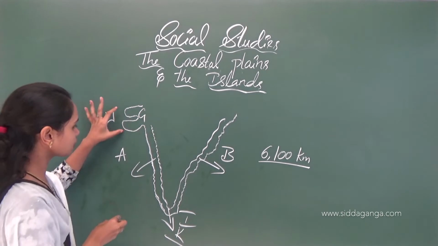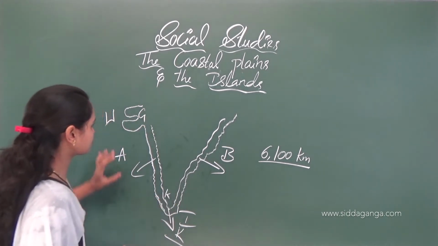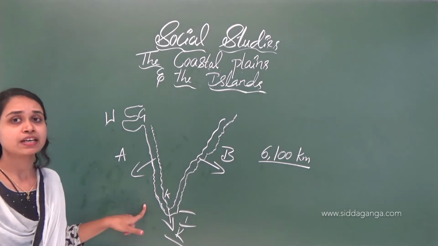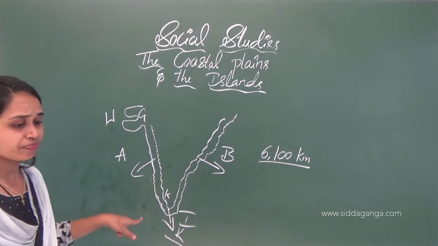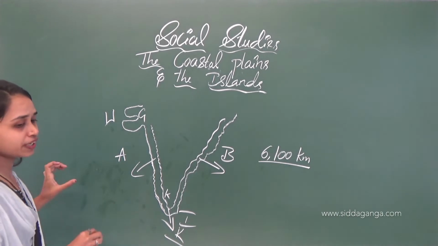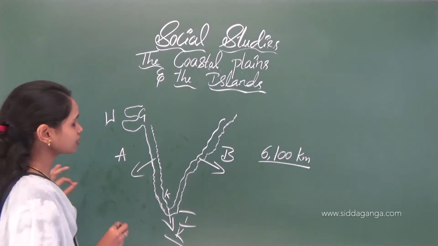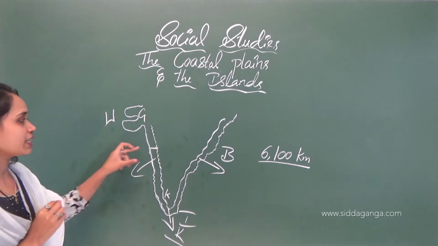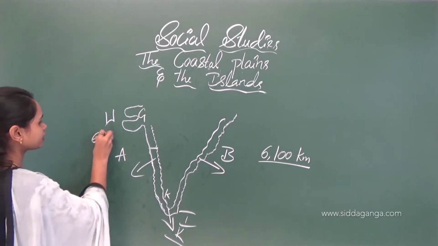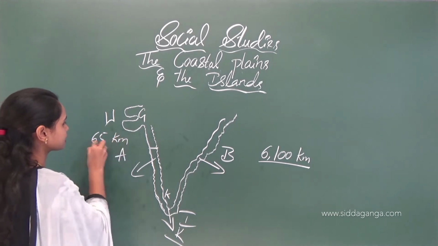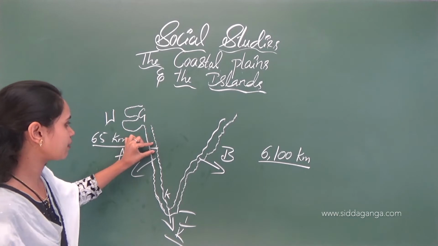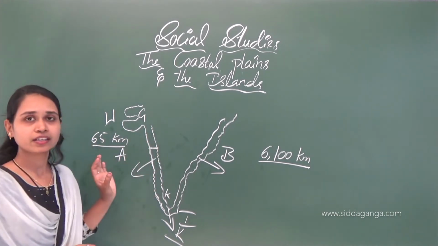The average width of the plain is about 65 kilometers. How many kilometers? Yes, 65 kilometers of width.